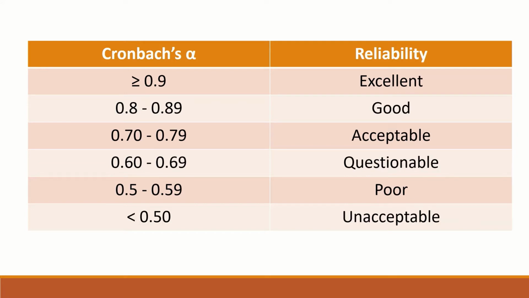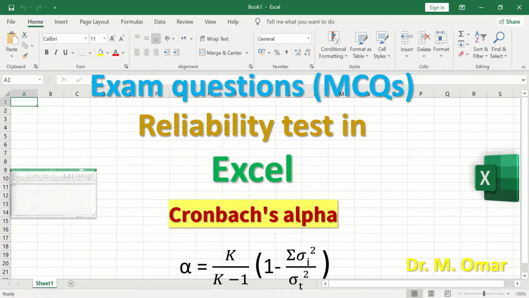An exam or a test that has a Cronbach's alpha less than 0.5 will have an unacceptable reliability and will be an unreliable test or exam.